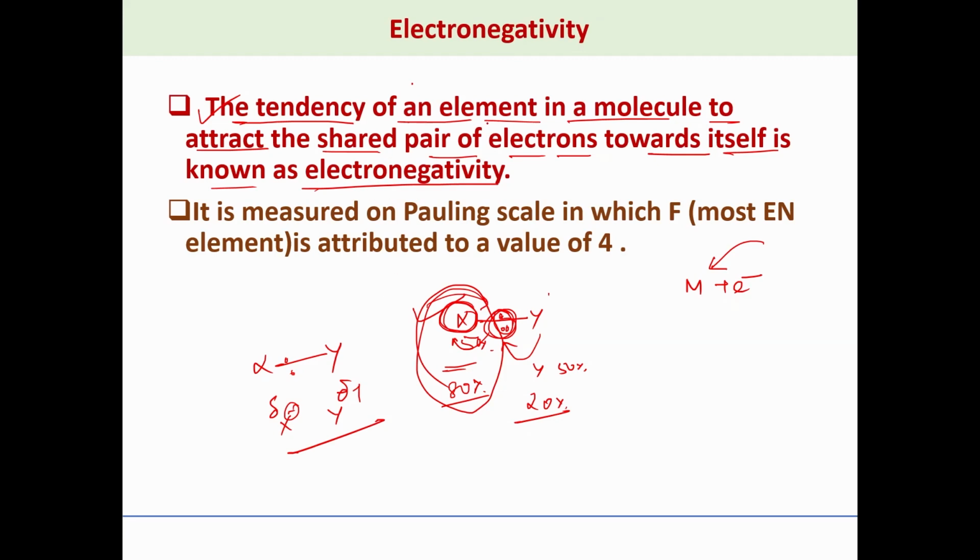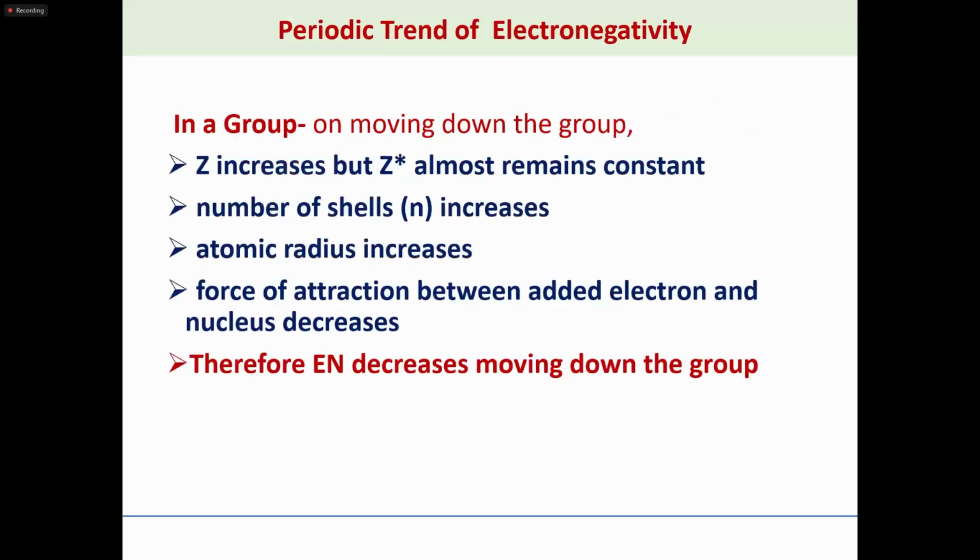So it is written here: the tendency of an element in a molecule to attract the shared pair of electrons towards itself is known as electronegativity. It is measured on the Pauling scale, in which fluorine is the most electronegative element, with a value of 4.